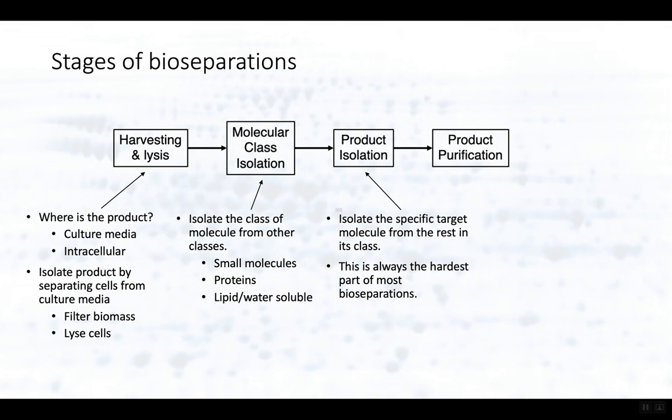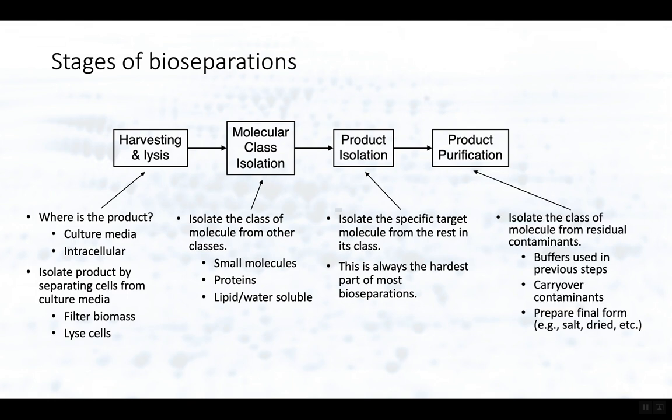Now, I've mentioned that we typically have some other things that come along for the ride. This is very difficult. You've always got some co-contaminants that come along. You may have buffer salts that you've used in prior stages of processing, and you need to remove those, or substitute them for your final product form. That's the product purification step.